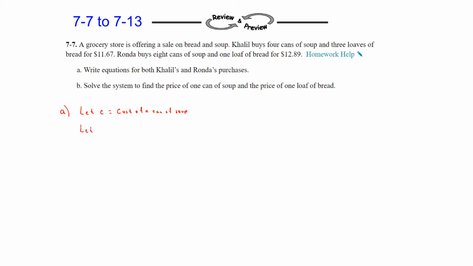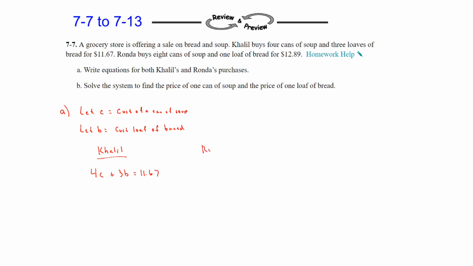And then for the other one, we will let B equal the cost for a loaf of bread. Now, to write our equations, we want to look at the 2 different purchases. The first one being Khalil. He bought 4 cans, so 4 times the cost of each can, plus 3 loaves, so 3 times the cost of each loaf, is equal to $11.67.